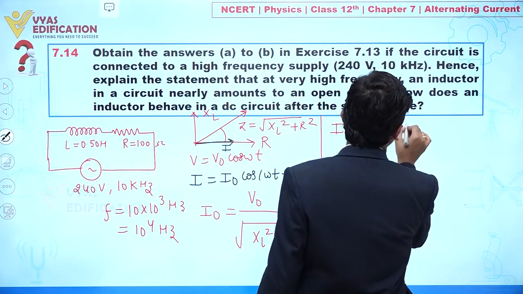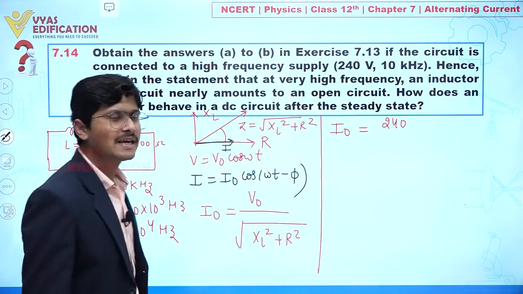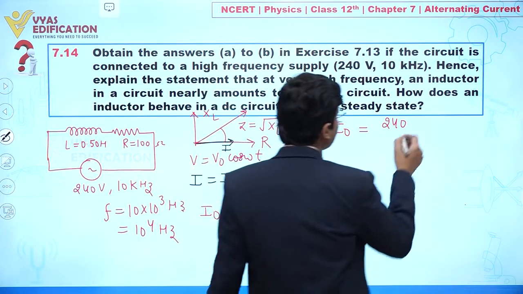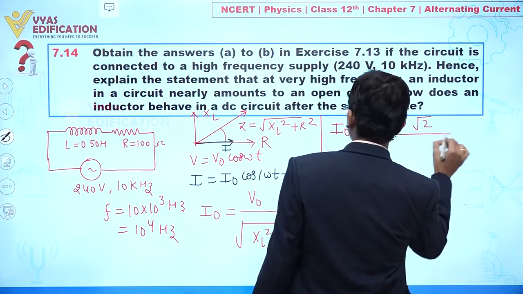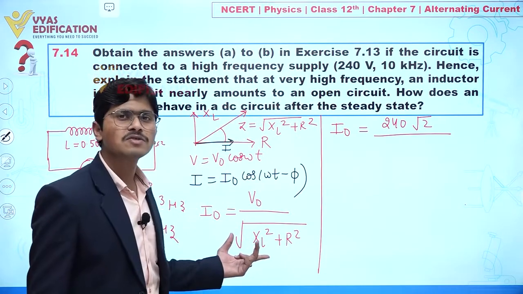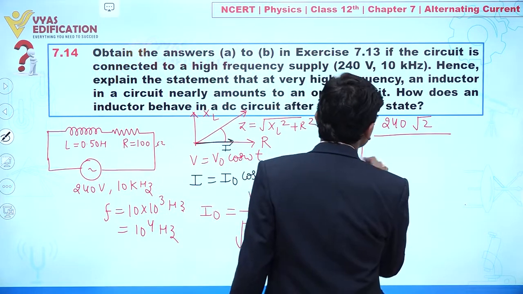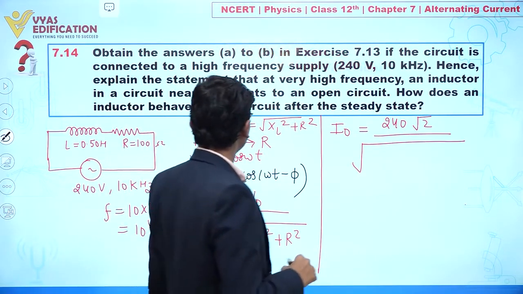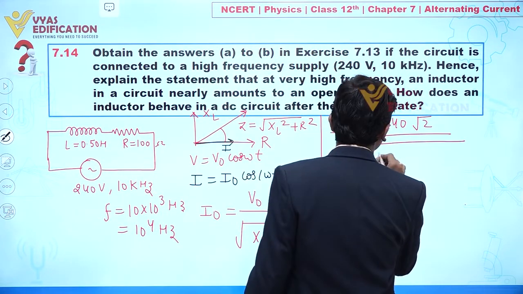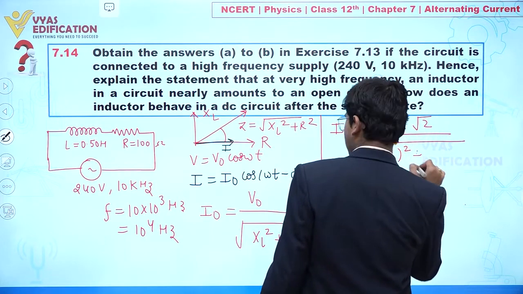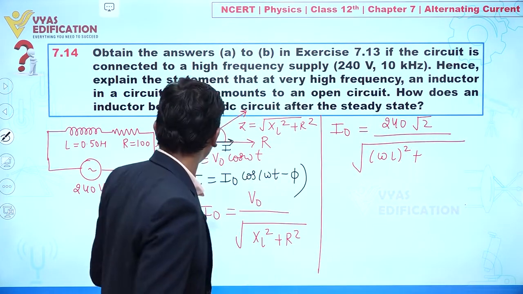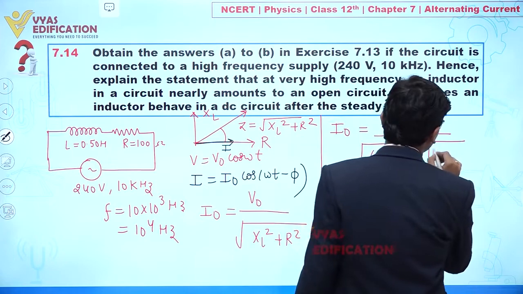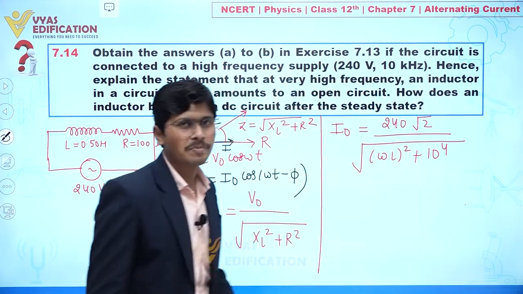This is 240, which is V RMS, and we multiply it with root 2, divided by the square root of XL square plus R square. XL is equal to omega L, so omega L whole square plus R square. The value of R is 100, so R square is 10 to the power 4.